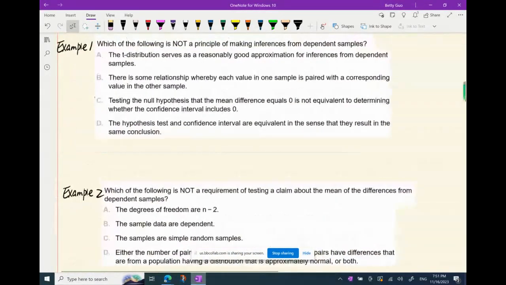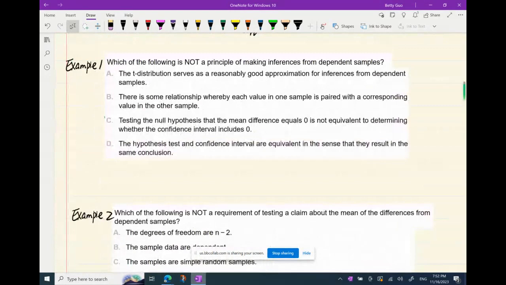Let's look at some multiple choice questions first. Number 1, which of the following is not a principle of making inferences from dependent samples? Option A, the t-distribution serves as a reasonably good approximation for inferences from dependent samples.